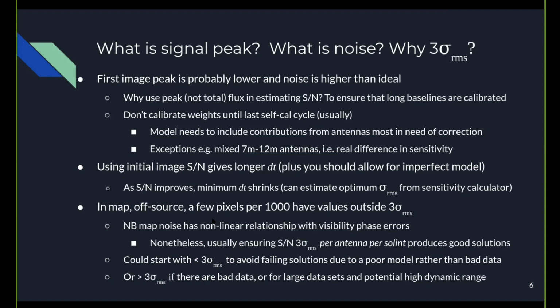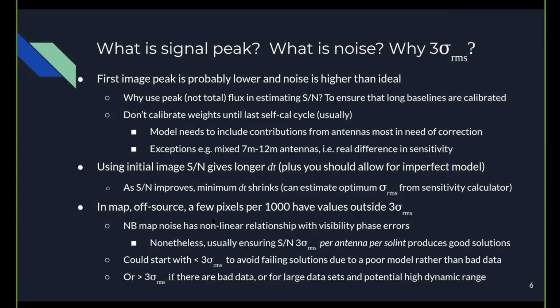But there isn't obviously a linear translation between noise in the Fourier plane and noise in the image plane. But roughly speaking, the 3 sigma criteria usually gives tolerable results.